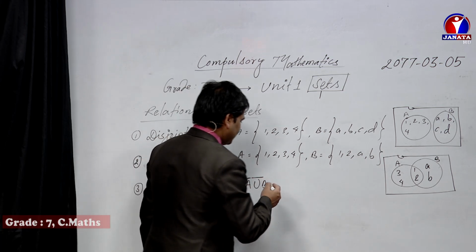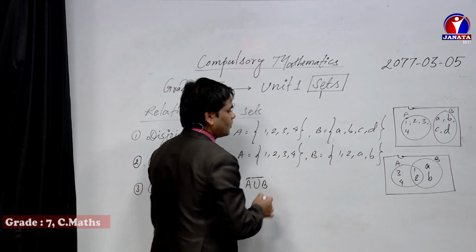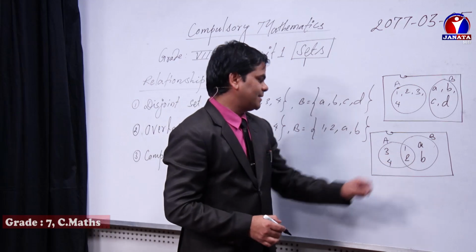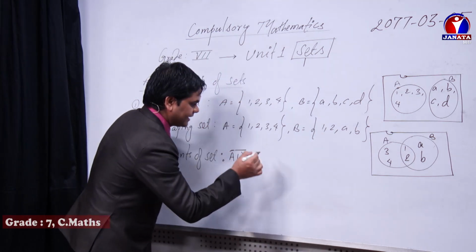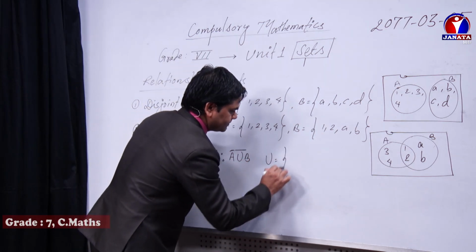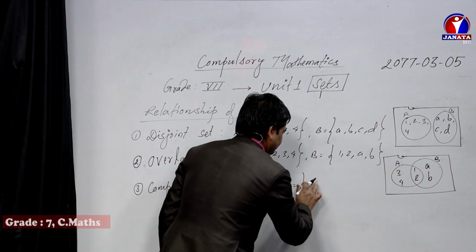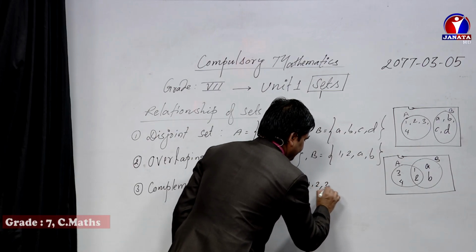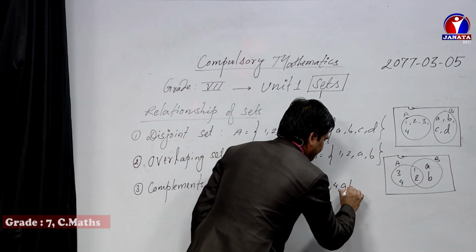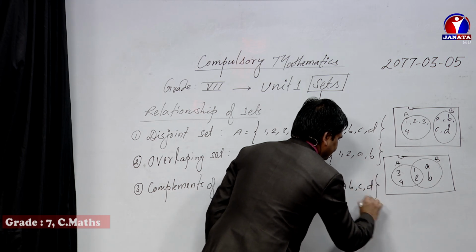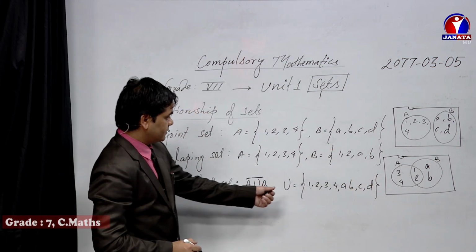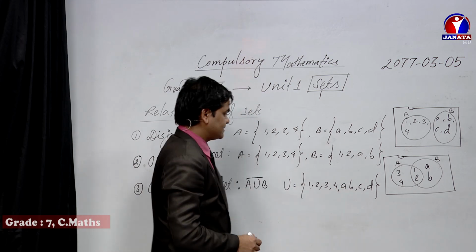And for this one, if you have to write (A union B) complement, if there are no elements, let's take another example. Universal set is 1, 2, 3, 4, a, b, c, d. Okay, that's all. In the universal set, there are 1, 2, 3, 4, a, b, c, d, these members.